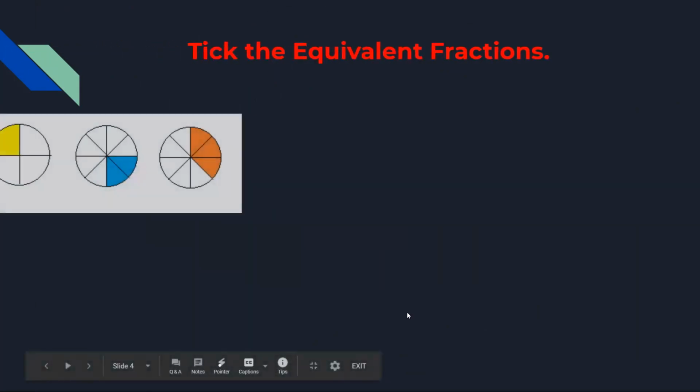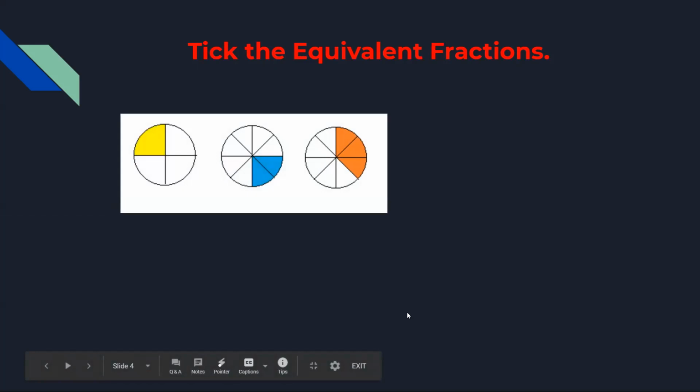Now here, tick the equations which are showing equivalent fractions. Three figures are shown. We will see their fractions and find out whether they are equivalent or not. The first shaded part is yellow, the second is blue, and the third is brown. From these figures, we come to know that in the first two figures the shaded part is the same.